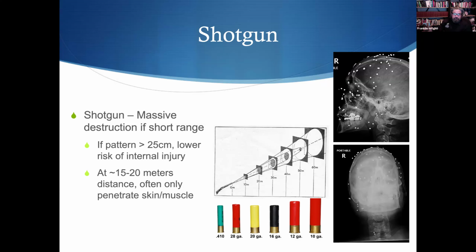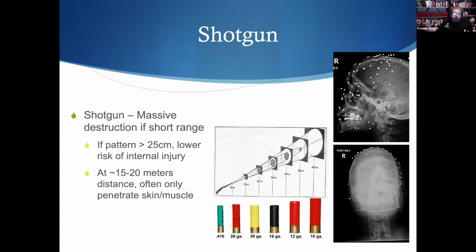body, 25 centimeters, so that's about 10 inches. If the injury pattern of the pellets is bigger than about 10 inches, the chance of internal injury, of those pellets penetrating deeply enough, drops off quite dramatically. So if someone is within 5 to 10 feet of a shotgun that goes off, those pellets are going quite deep because they still have a lot of velocity in them, but there'll be a relatively small pattern of pellet entry at skin level.